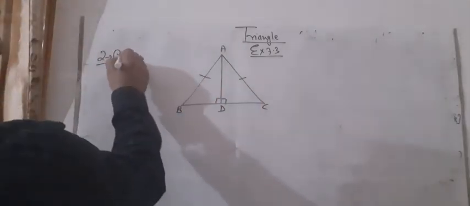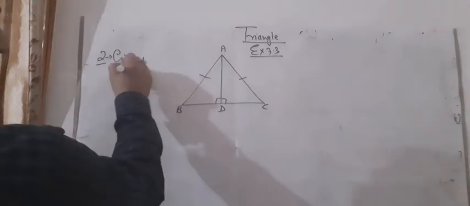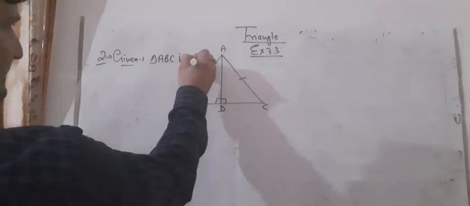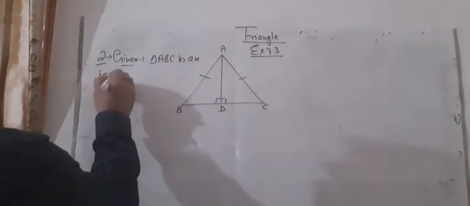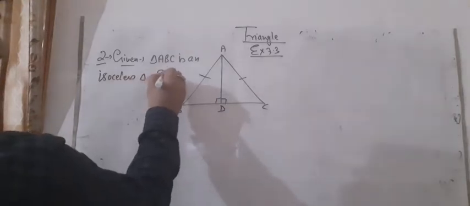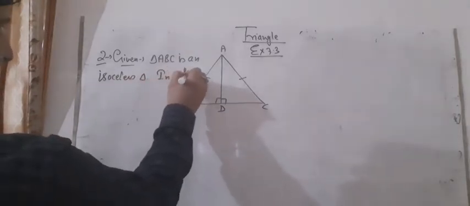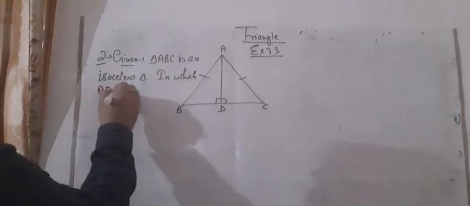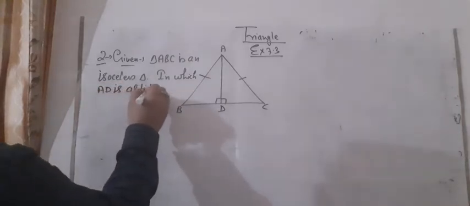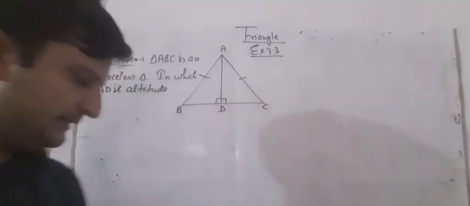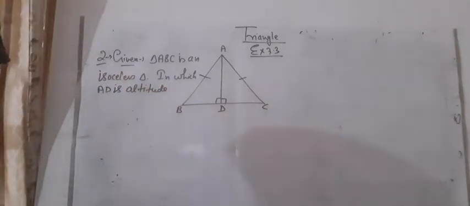So we have to write it first. Given: triangle ABC is an isosceles triangle in which AD is an altitude on BC.